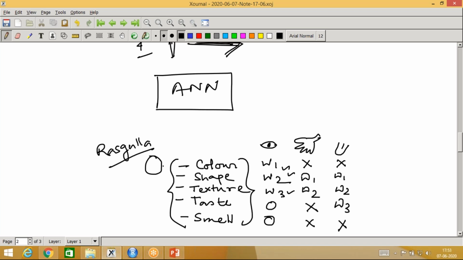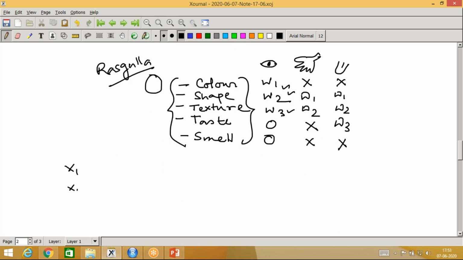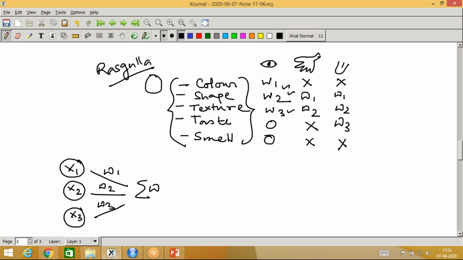That is exactly what this ANN also does. Let's say I have X1, X2, and X3, 3 different attributes. All of them get some weightages, W1, W2, W3. So here Wi into Xi gets generated in the axon.